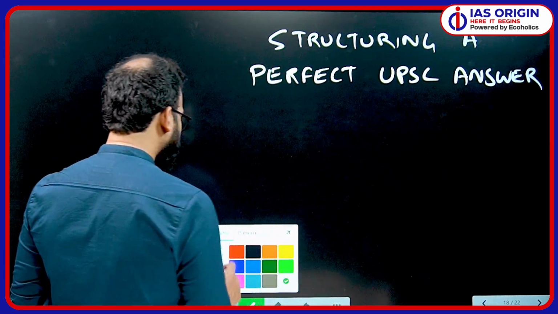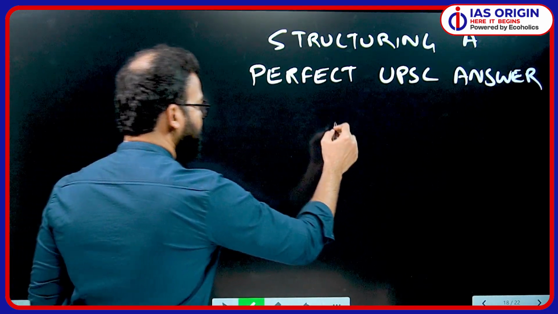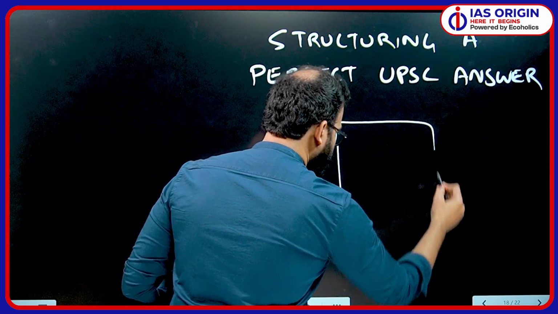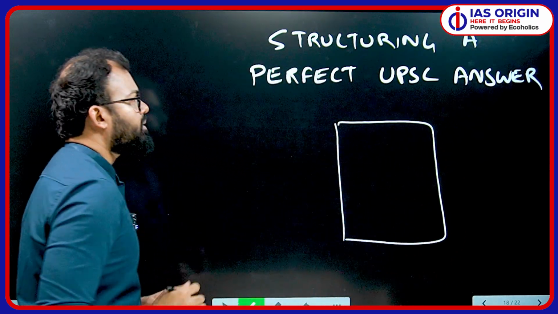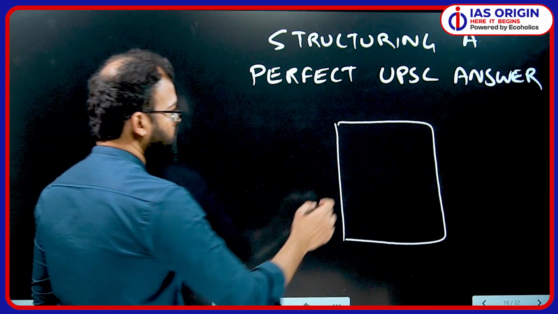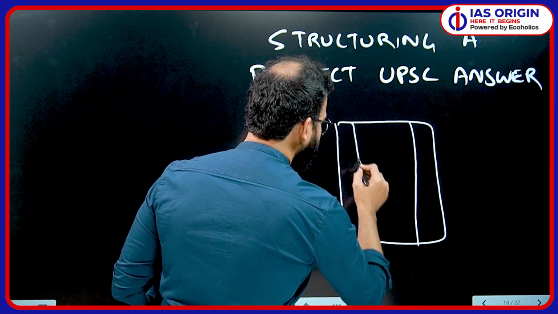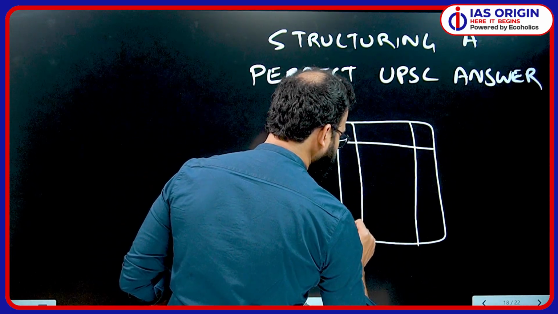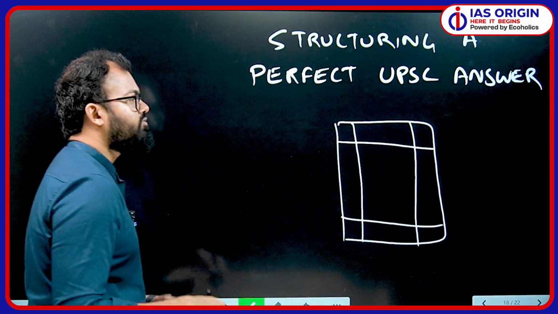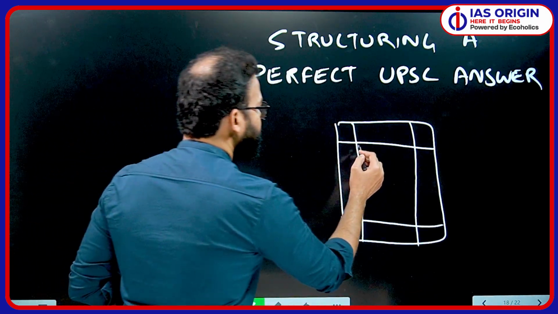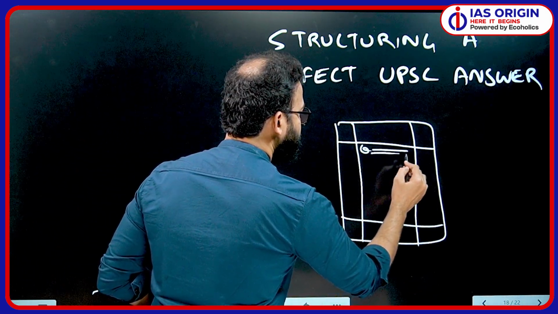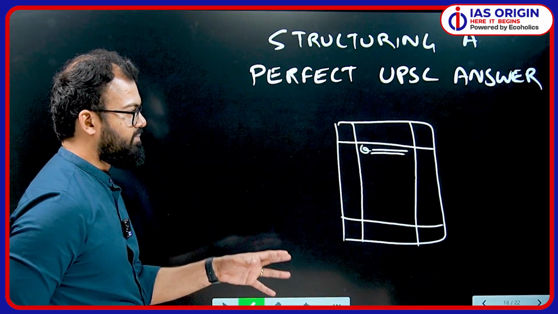Now, when I talk about answer writing on a single page, people make mistakes by writing on ruled pages. But if you see the question cum answer booklet of the UPSC Civil Services examination, you have space only this much to write, that is in between.